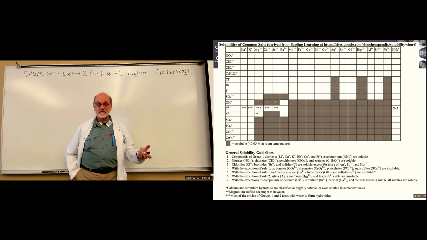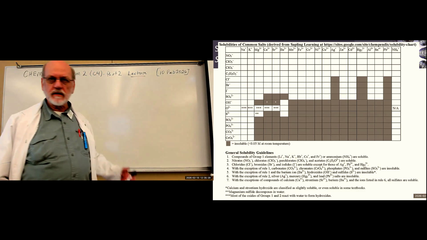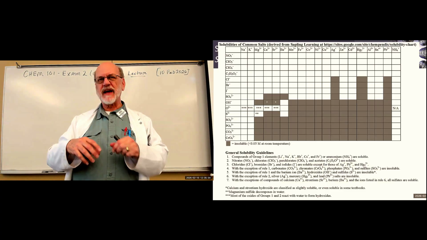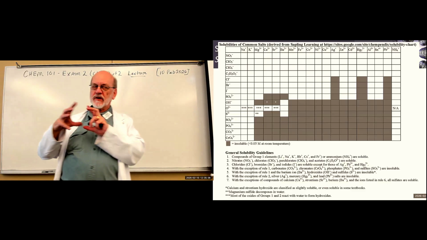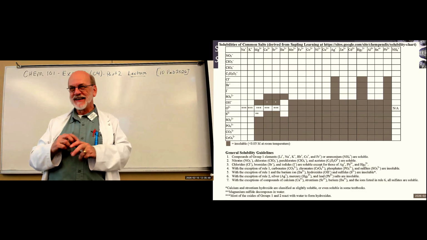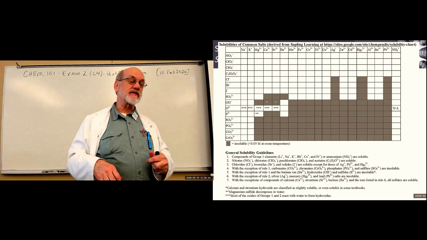Right? If you ever throw a chunk of, say, sodium, that's a big chunk. Potassium works better, but sodium's okay. Big chunk of sodium in your neighbor's swimming pool, it'll blow a hole in the bottom because it reacts with the water, right? Produces hydrogen gas.